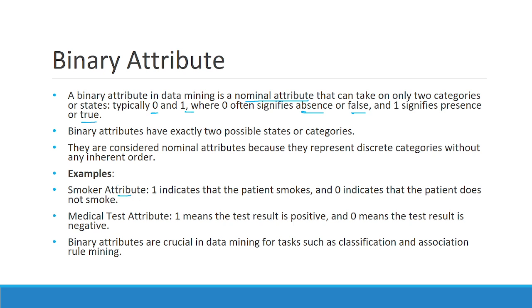Smoker attribute: 1 indicates that the patient smokes, 0 indicates that the patient does not smoke. Or some medical test, which will have only two values, either positive or negative. Such binary attributes are very important in data mining for tasks such as classification and association rule mining. Can you give some more examples of binary attributes?